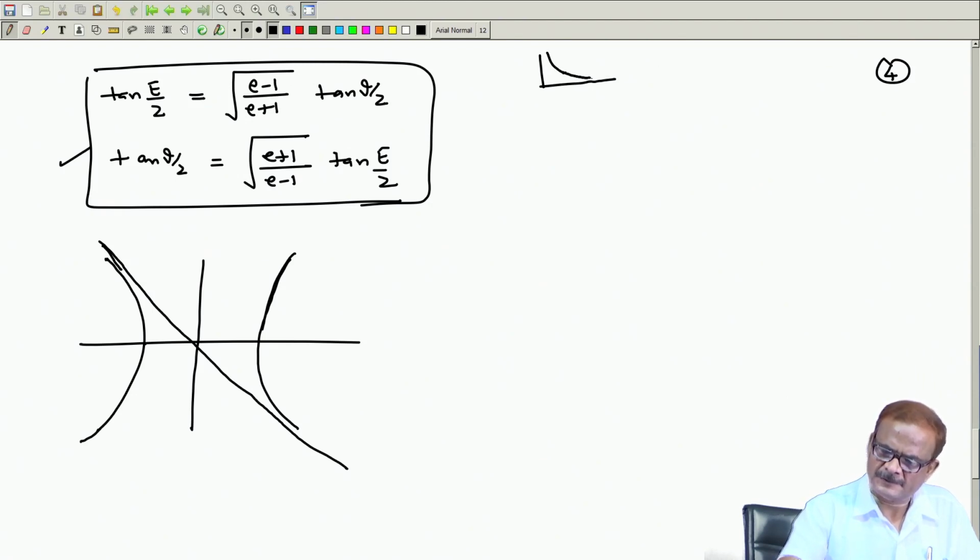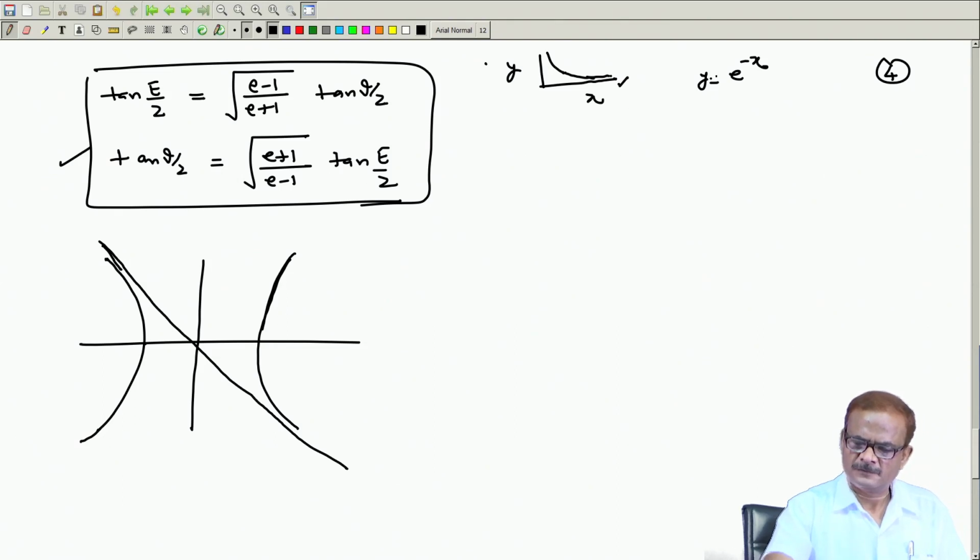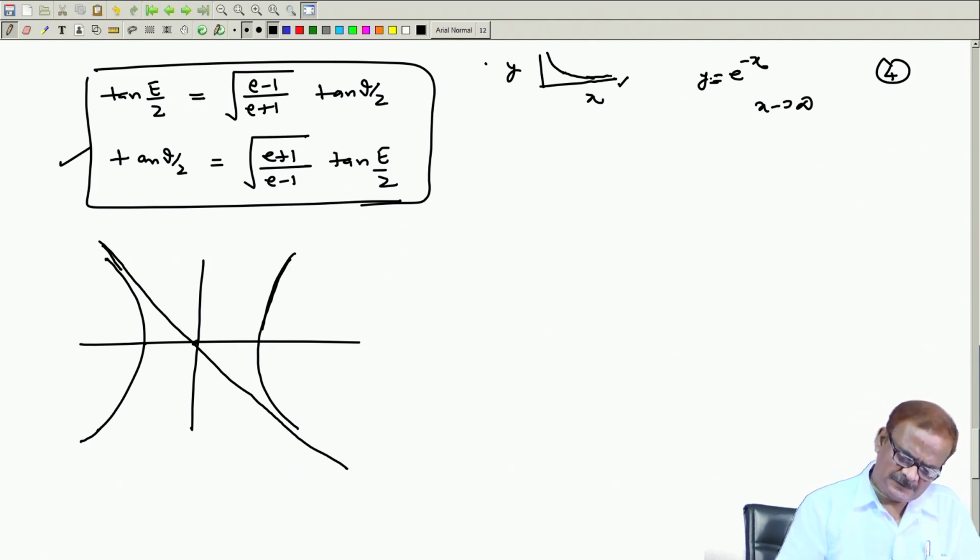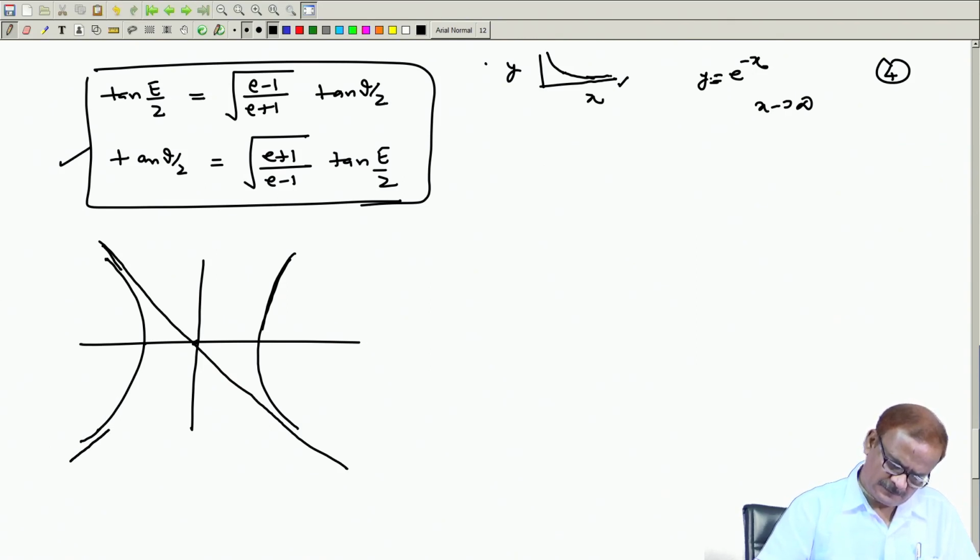You can see that if I plot y equal to e to the power minus x, it will converge like this. So the x axis is, let us say, the asymptote. This is the asymptotic value, meaning as x tends to infinity, y tends to 0. So, this is an asymptote to which this line converges once r tends to infinity.